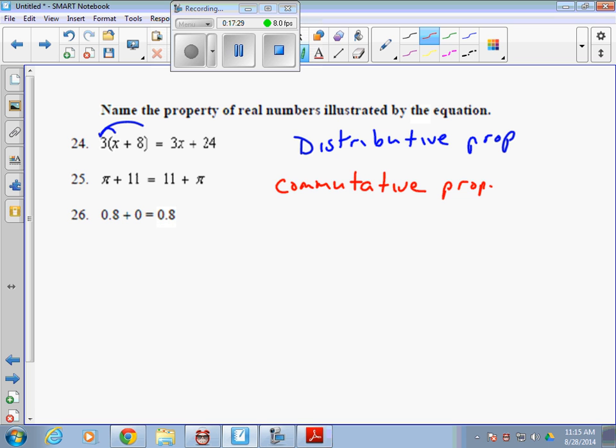Commutative property of addition on that. 0.8 plus 0 is still equal to 0.8. It starts off as this. It finishes as that. Its identity does not switch. So that is the identity property. And again, put of addition on there if you didn't put that.